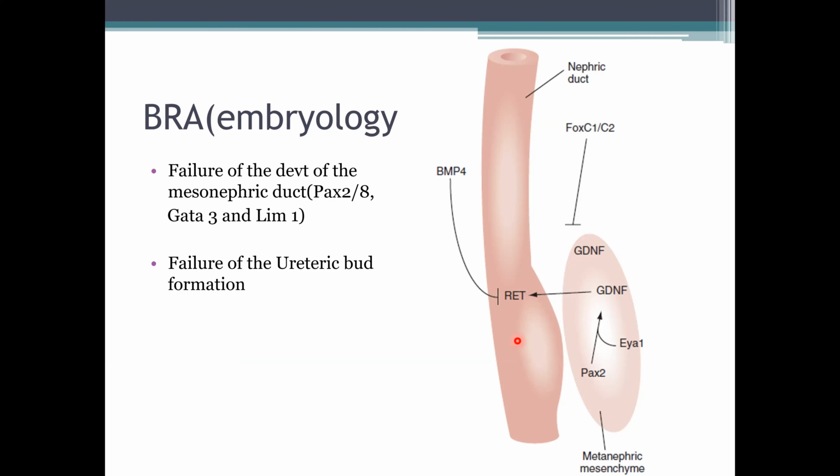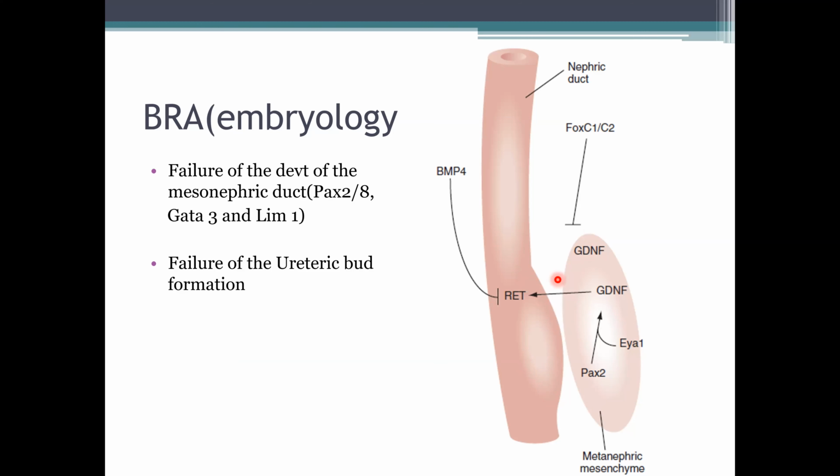And we said that there must be an interaction between a ureteric bud and the metanephric mesenchyme. So the ureteric bud develops at this point. This bulge you see is the development of the ureteric bud. And so it must interact with the metanephric mesenchyme. These things we are seeing are the genes responsible for that interaction.